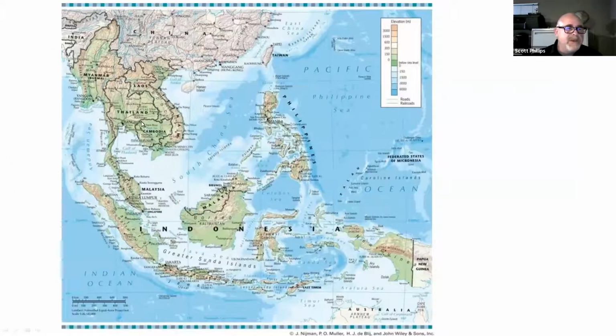Okay, so here's a figure of the Southeast Asian realm. And I'll show a different one that highlights this a little better. But essentially between China and India, you have a set of countries, part of them on the peninsula and part of them on islands extending out into the ocean.